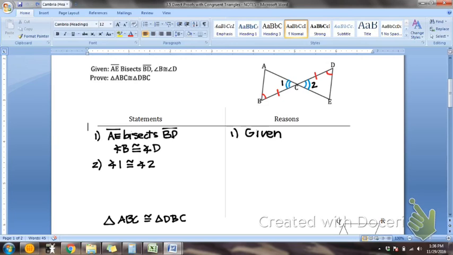Can anyone tell me why they're congruent? In your own words, why did we know that angle 1 and angle 2 are congruent? Because they're vertical angles, right? And so we have this thing where if they are vertical angles, then they're congruent. Okay, so we're going to say vertical angles are congruent. And this is my shorthand. Vertical angles are congruent.